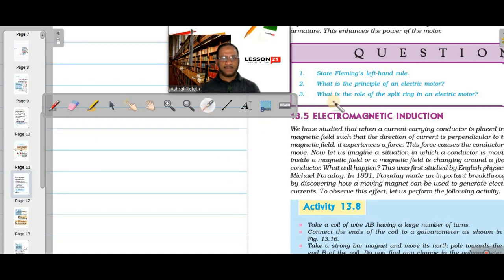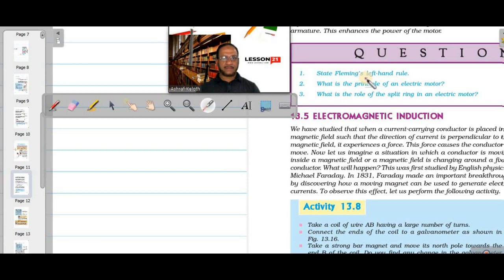Read the next question. State Fleming's left hand rule. Fleming's left hand rule states that the thumb, index finger, and middle finger of the left hand should be stretched such that they are mutually perpendicular to each other.